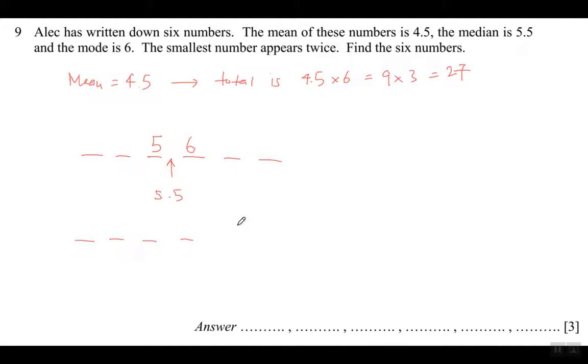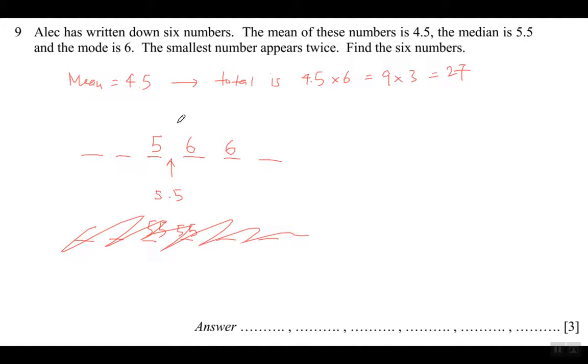Another case is that they are both 5.5, but it seems like they are talking about whole numbers, so I'm going to ignore this. With 5 and 6 in the middle, the median is 5.5 and the mode is 6, so 6 appears more than one time, at least twice.